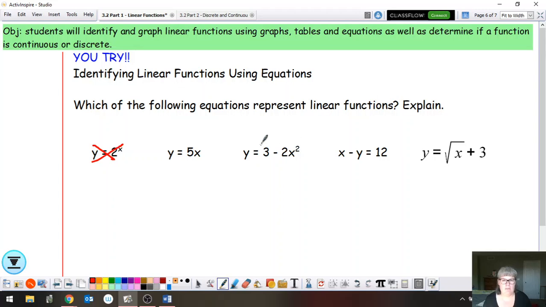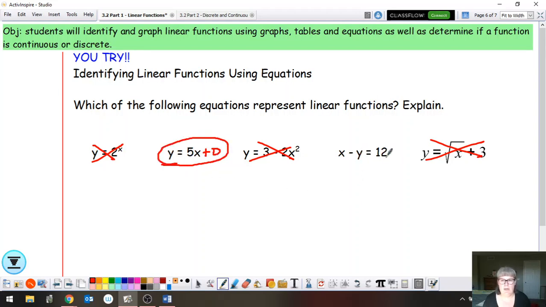Here we have x squared, and here we have a square root, so those get thrown out. With y equals 5x, I can write a plus 0, so that puts it in the y equals mx plus b form. So that makes this one linear.